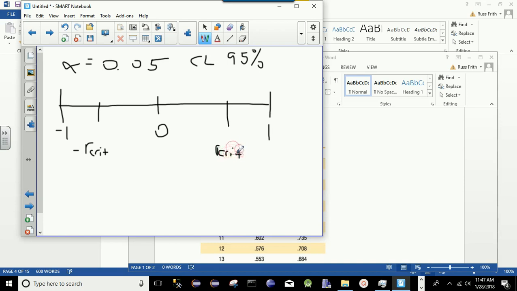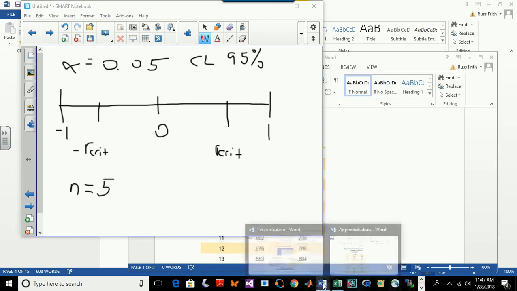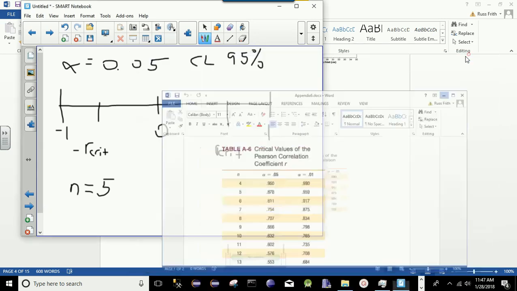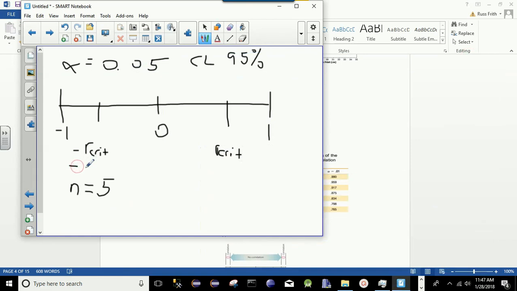In our case, we have 5 sample pairs, and alpha is 0.05. So we find the critical value from that table. With n equals 5 and alpha equals 0.05, the critical value is 0.878. So this would be -0.878 and 0.878. Then we plot on this number line our test correlation value, which was 0.591, and it occurs about here.